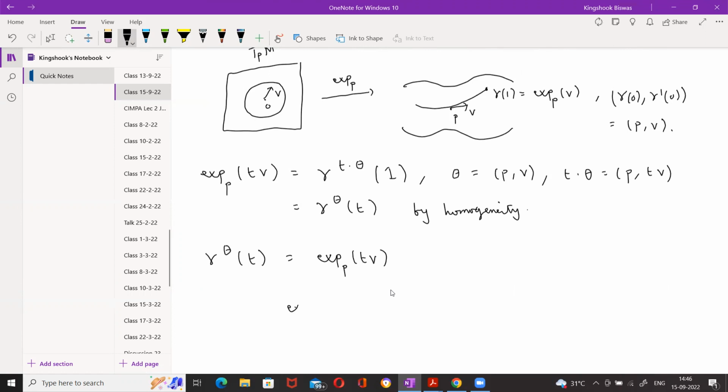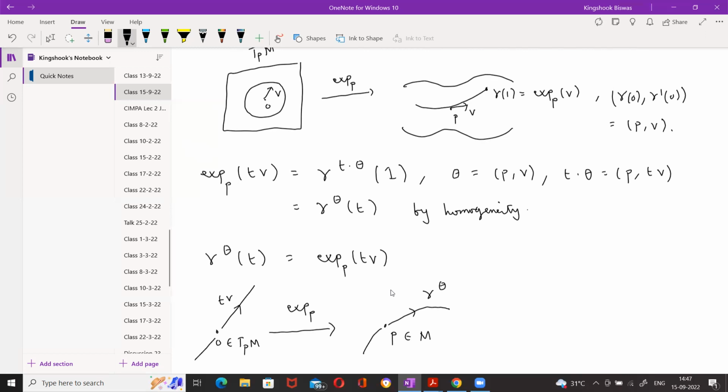So that means that X_P, the exponential map, sends straight lines through the origin, in the direction of V, say TV, to geodesics in M. Is this clear?